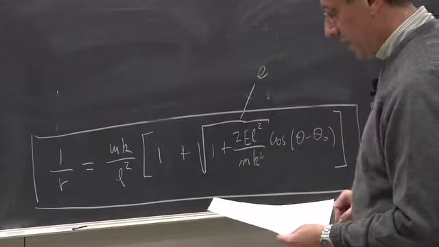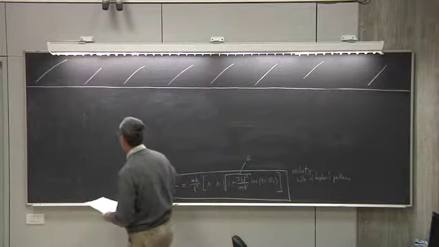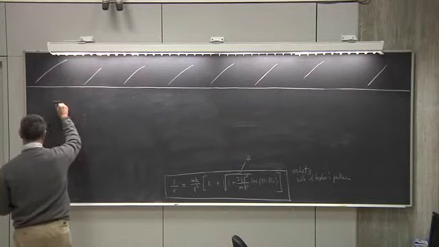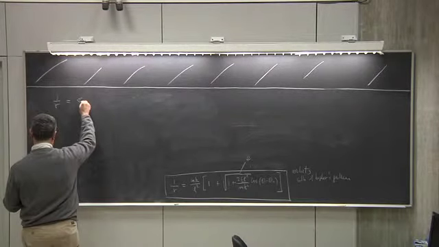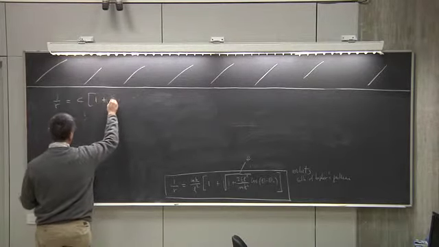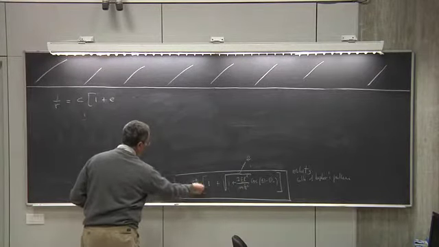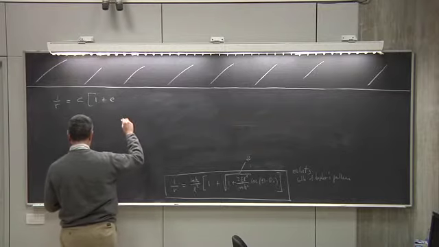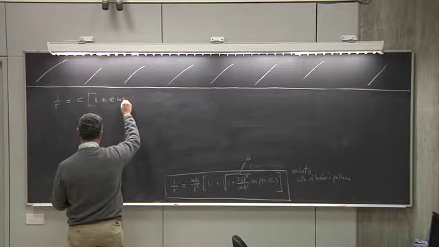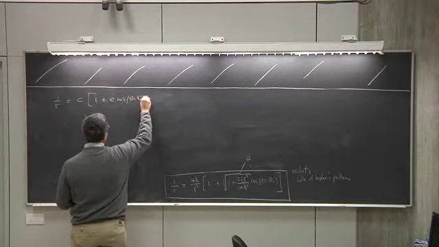Anyway, let's call it e. So you see, we have a general equation that is 1 over r equals c times 1 plus e, where e, I define this. The c is going to be this coefficient, but that's not really essential, cosine of theta naught.